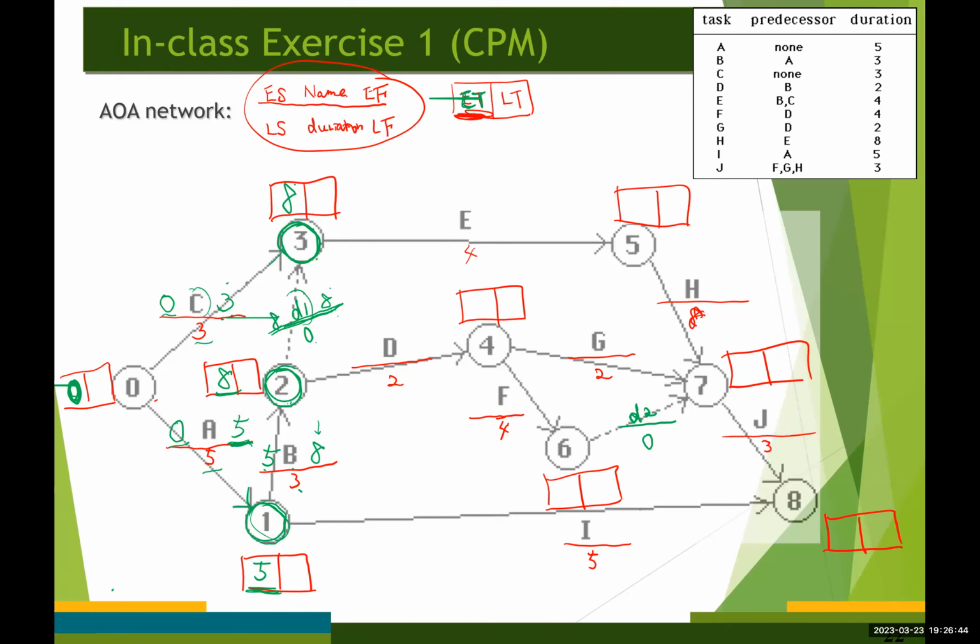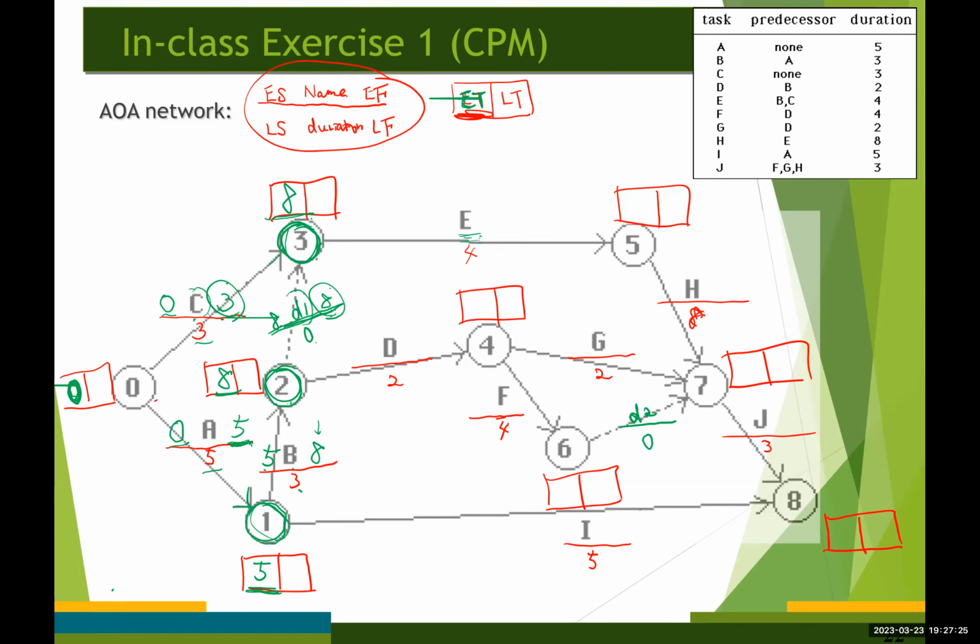You remember that, right? The activity C and dummy activity 1 must be completed before activity E can begin. That's why we take the larger value between these two numbers, 3 and 8. That's why we take 8. So 8 is going to be the earliest time for event number 3.